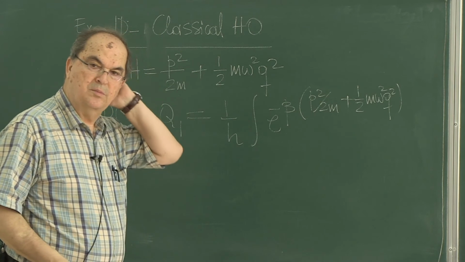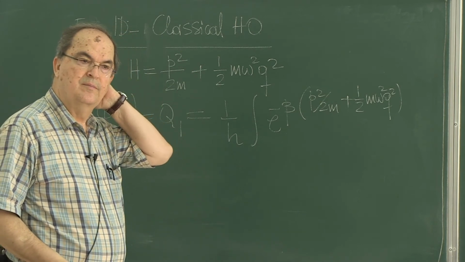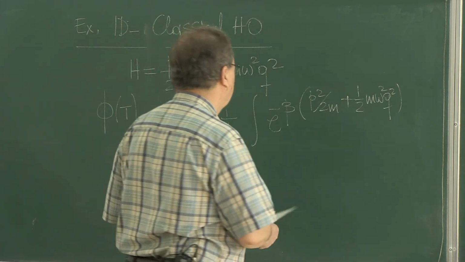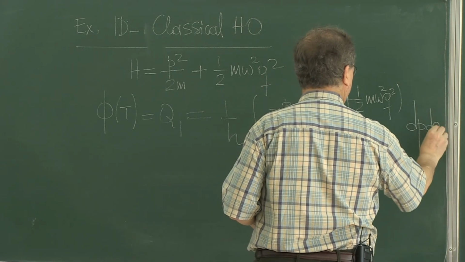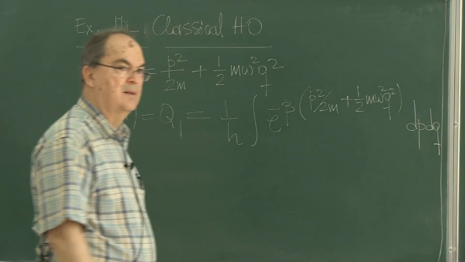Canonical, you remember, e to the minus beta E, dp dq, isn't it?